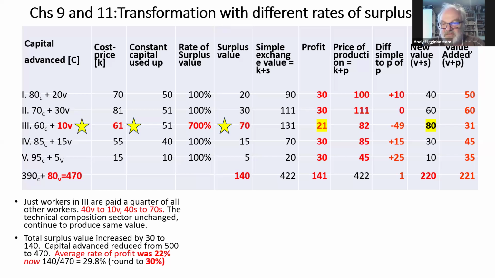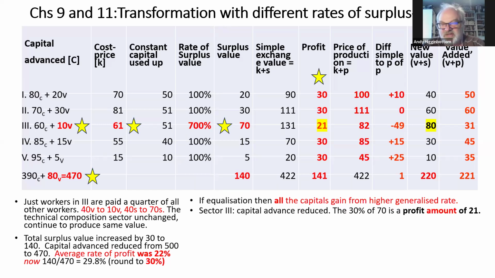Okay. Now, what's the effect of this also in terms of price of production and the simple exchange value divergence, right? It accentuates even more the divergence between price of production and simple exchange value.